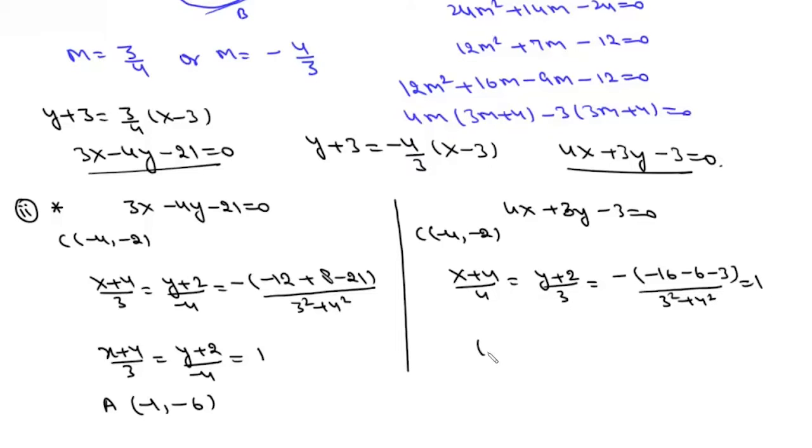Now in this case, the value of x is 0 and the value of y is 1. So this other point is (0, 1). So the coordinates of these points of contact are (minus 1, minus 6) and (0, 1).